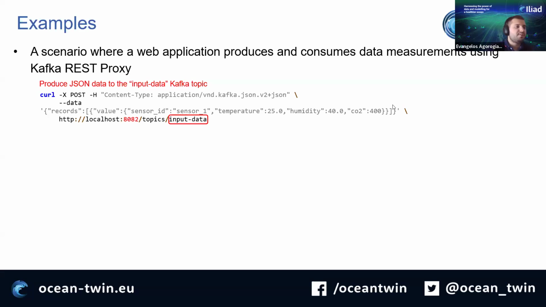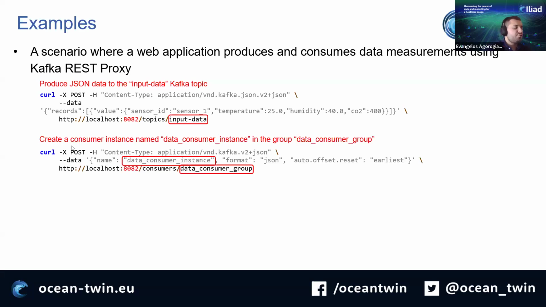Here, the records that we're publishing define the topic that the data will be published to, and by performing this operation, the data will be published to the corresponding Kafka topic.